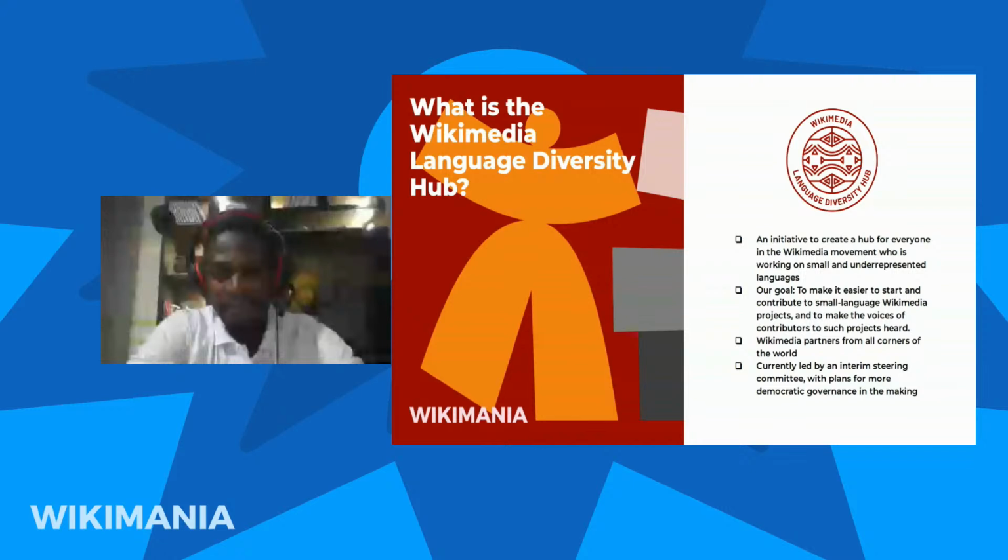And this is an idea for a hub for small and underrepresented languages. And our goal is to make it easier to start and contribute to small language Wikimedia projects and to make the voices of the contributors to such projects heard.